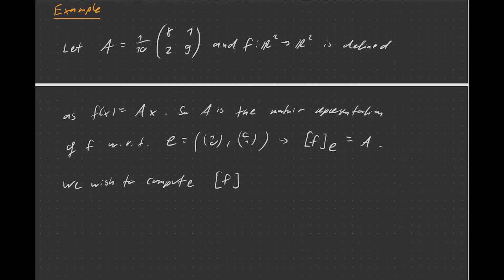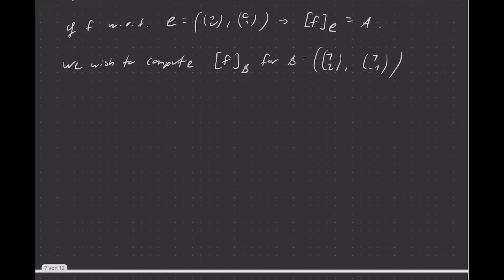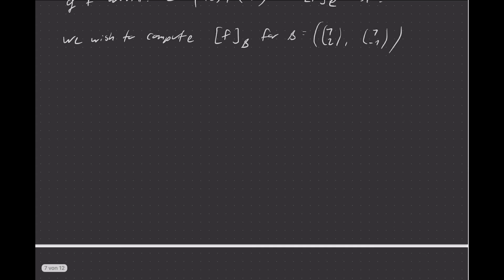We call that basis B. And let's say B is (1, 2) and (1, minus 1), just as an example. So those numbers are arbitrary for the moment. How do we do that? The first thing we need is the basis transformation.